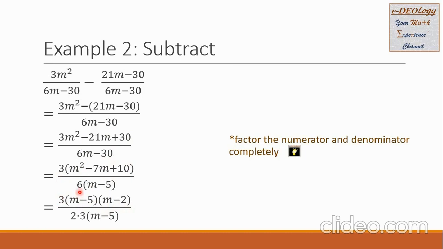In the denominator, the 6, we split it into 2 times 3, and then the m minus 5 is copied here. We will now proceed to cancel some common factors in the numerator and denominator. The number 3 can be cancelled out with the number 3 down here. Also, the binomial m minus 5 is common with the m minus 5 in the denominator.